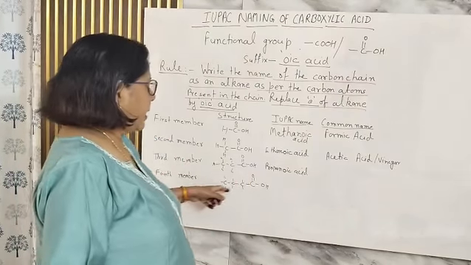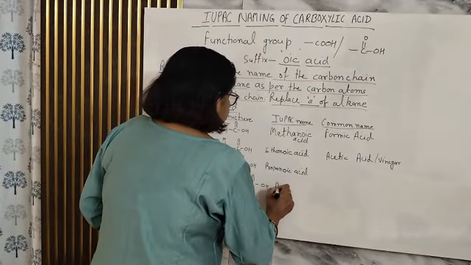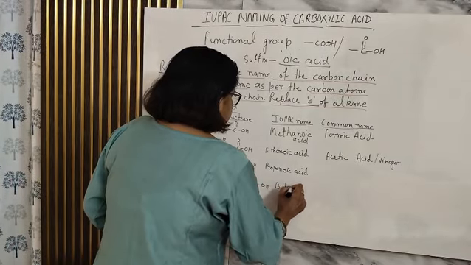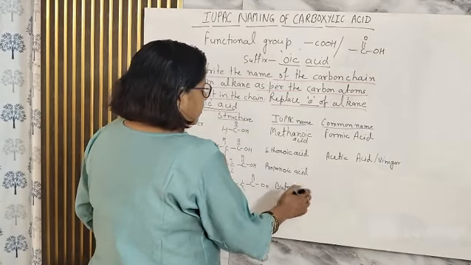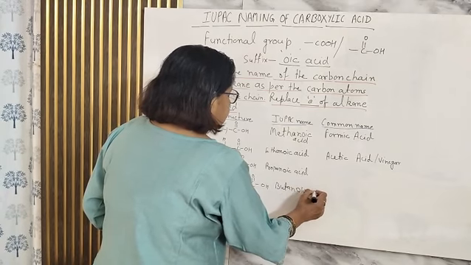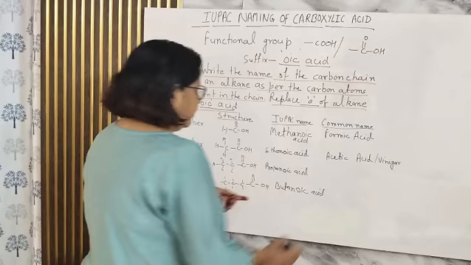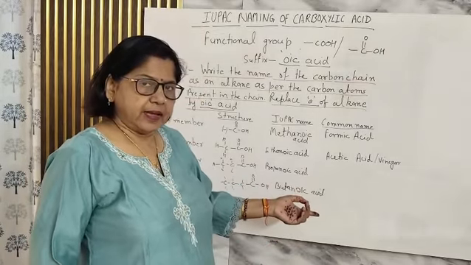For 4 carbons, the alkane is butane. Then E will be replaced by oic acid. So the fourth member is butanoic acid.